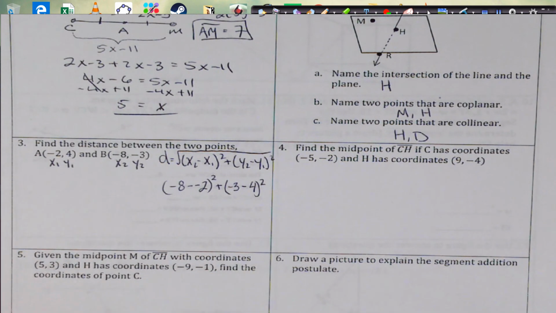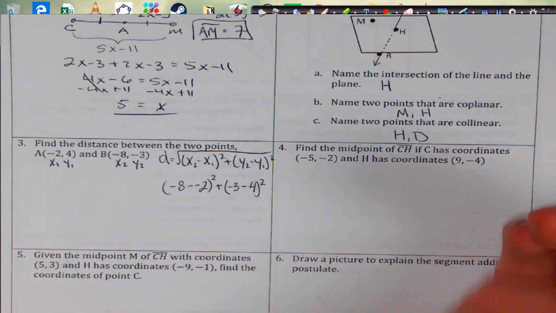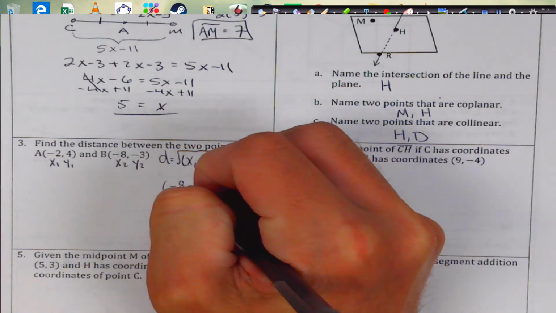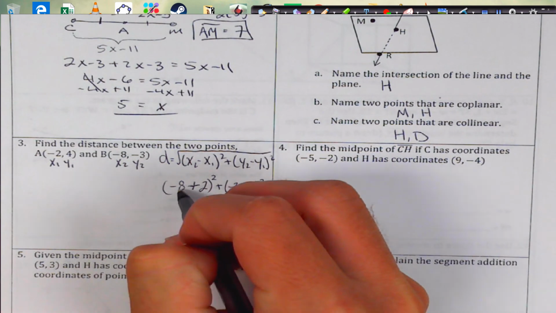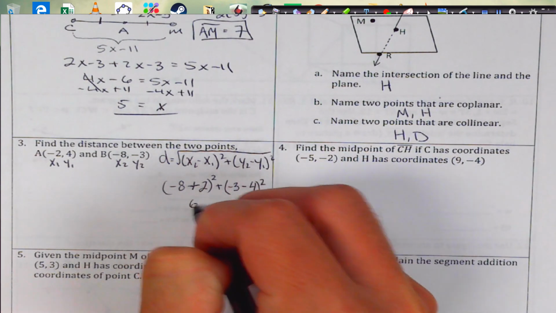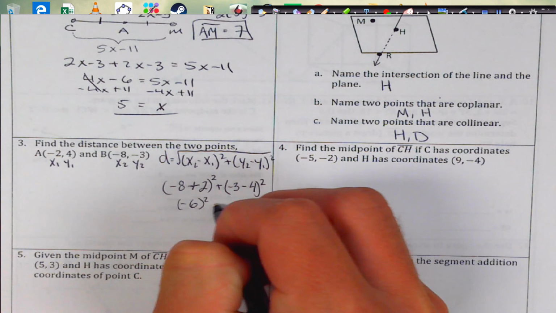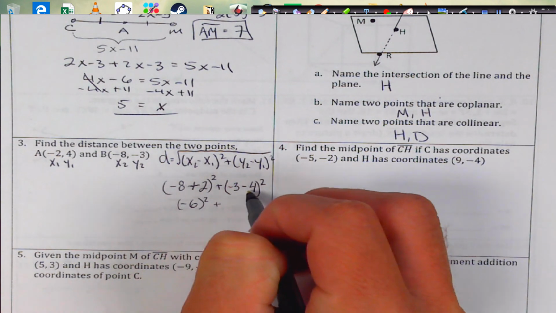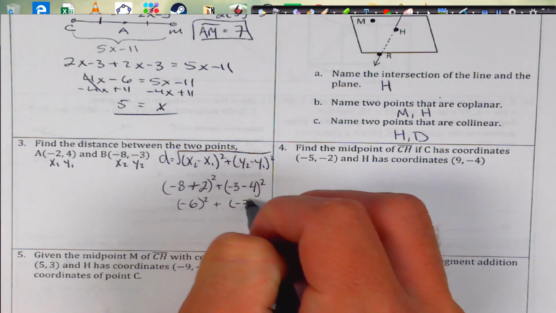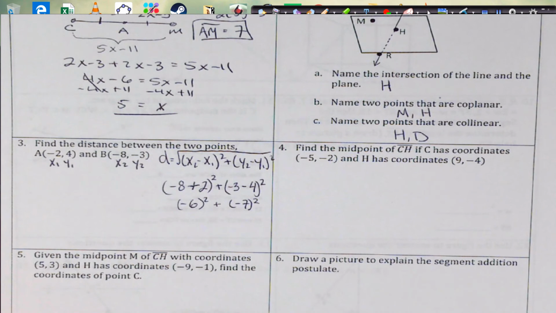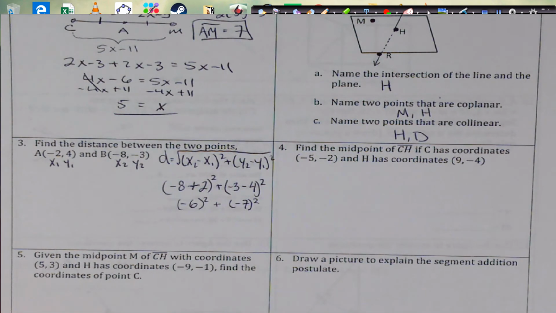So I'm being very careful by putting in all my negatives, taking my time. Negative and negative does make a positive, so that's going to be negative 8 plus 2, which is a negative 6 squared. This is going to be a negative 3 and a negative 4, which makes a negative 7 squared. If you're not good with your negatives, put it in your calculator exactly the way you see it, and it will work out pretty good.